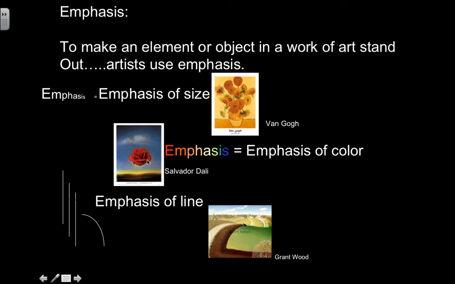Or you may change the color like Salvador Dali did here, where the rose is directly in the center of the painting, and it is a bright, bold color, so it makes your eye go directly to that image. Or by using line, where they create a viewpoint and they want you to look through a pathway. You might not see the line directly, it might be indirect or implied, as we would call it, but it's moving your eye throughout the picture plane.